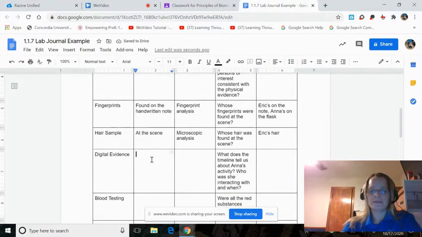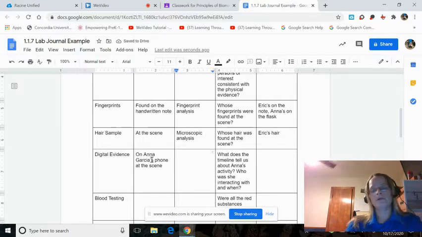Digital evidence, the location of that was on Ana Garcia's phone. And remember, we talked about digital forensic analysis.